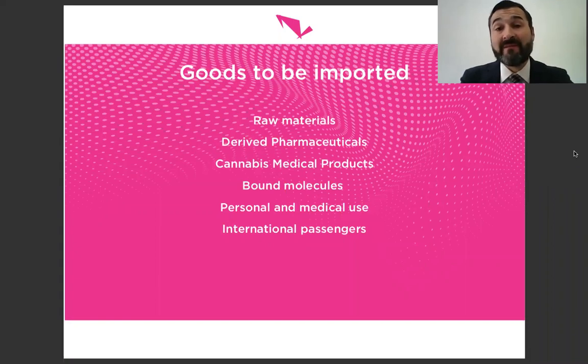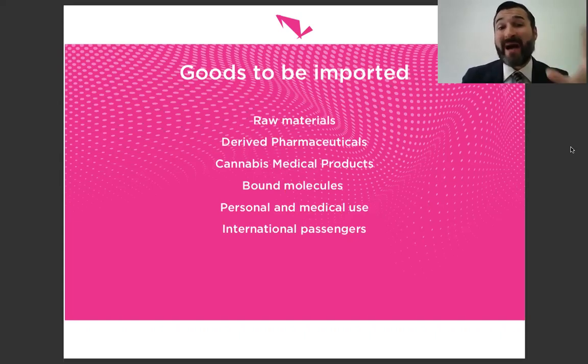Also, the derived pharmaceuticals themselves. If there's a preparation already made that is derived from cannabis, that is also subject to importation into Mexico. The cannabis medical product itself, if there is a specific medical drug manufactured by any company in the world, that product is subject to be imported into Mexico.